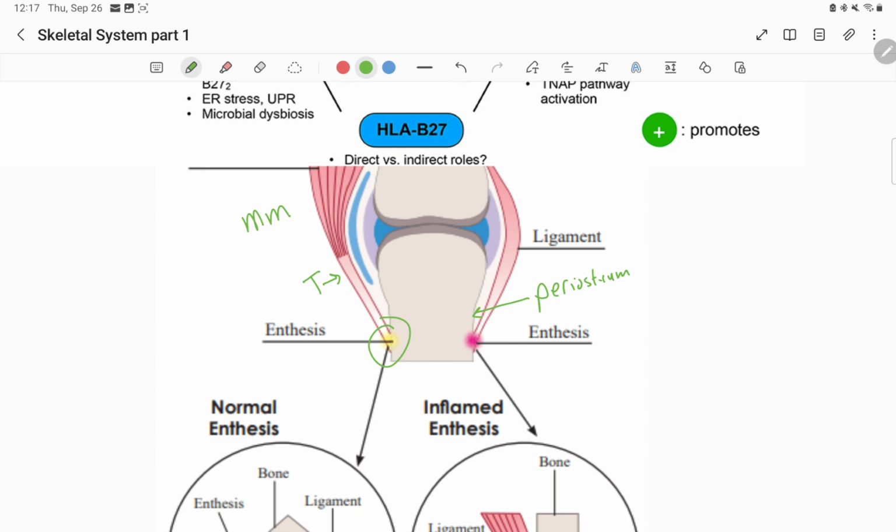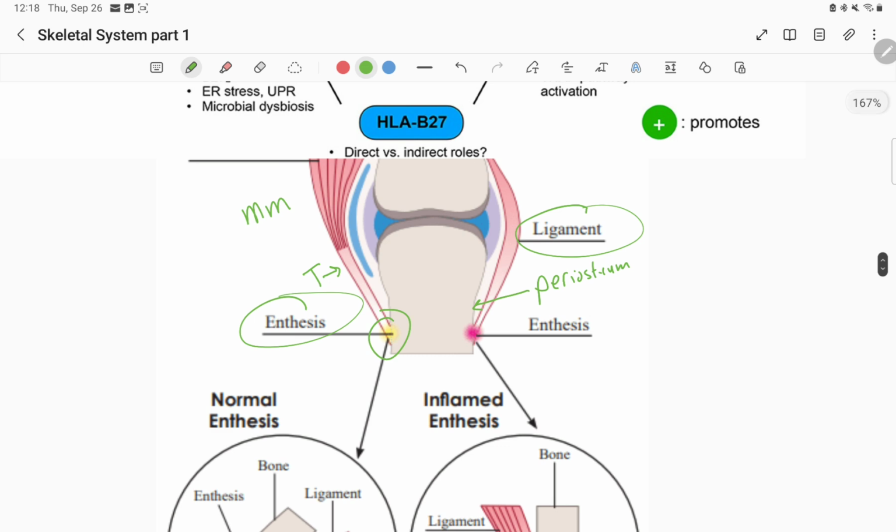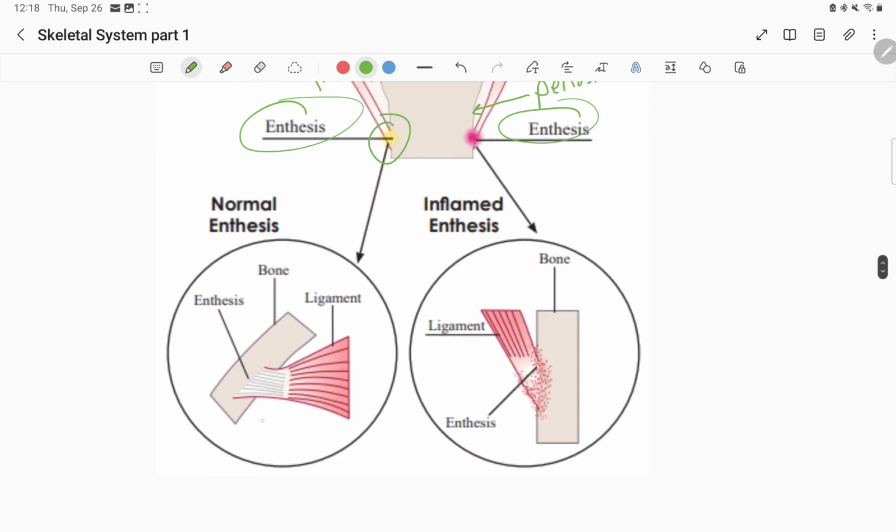Specifically, where that tendon embeds itself into the periosteum of bone is called the enthesis. A ligament also embeds itself into the periosteum of bone, and that's also called the enthesis. So the enthesis is simply the connecting point where the tendon or the ligament embeds itself into bone.